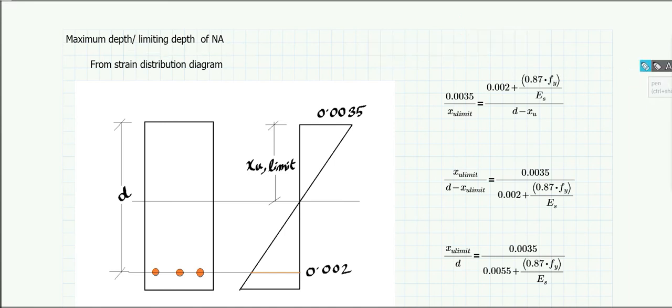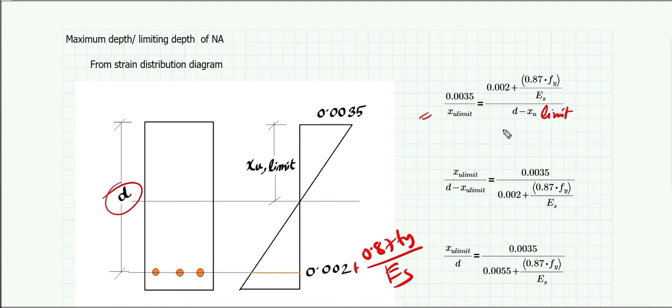If you consider the similar triangle concept from this diagram, 0.0035 by xu limit is equal to 0.002 plus 0.87 Fy by Es, divided by d minus xu limit. d is the effective depth, which we have already discussed.